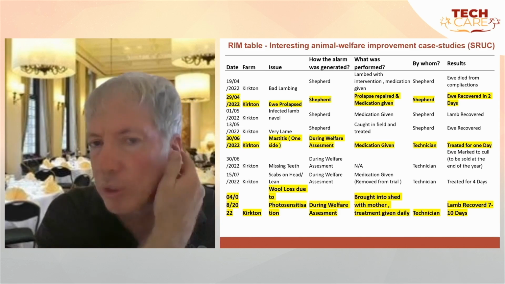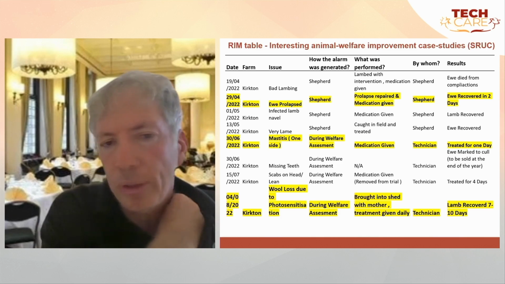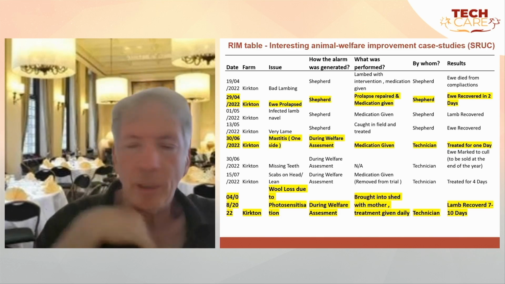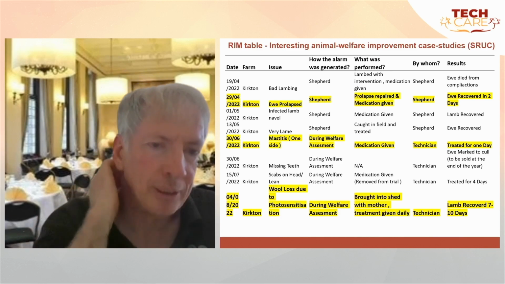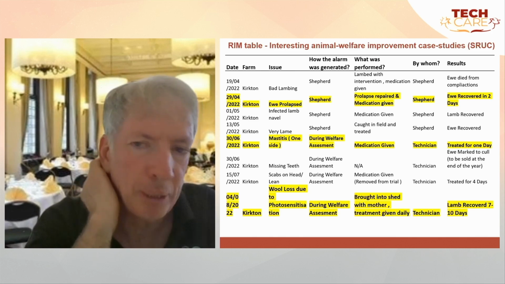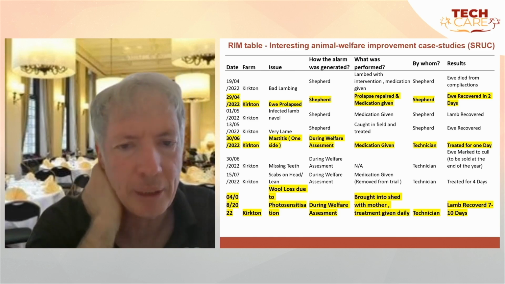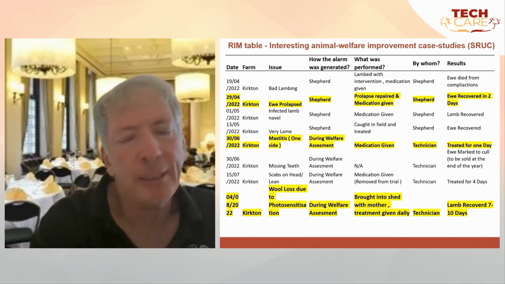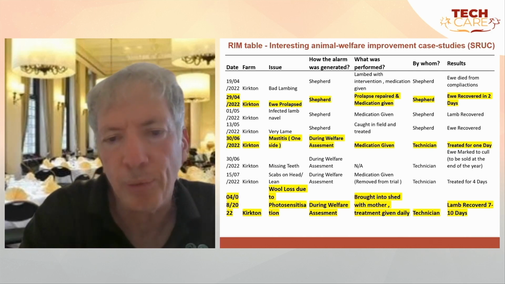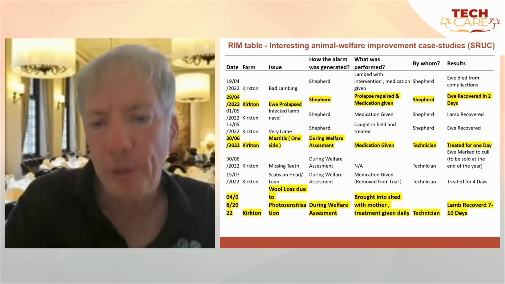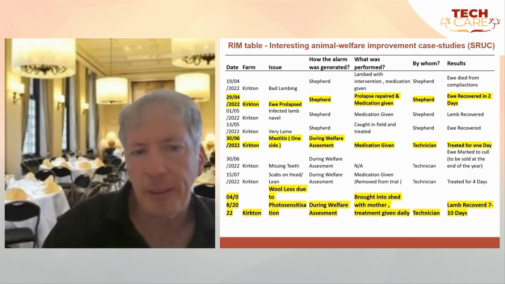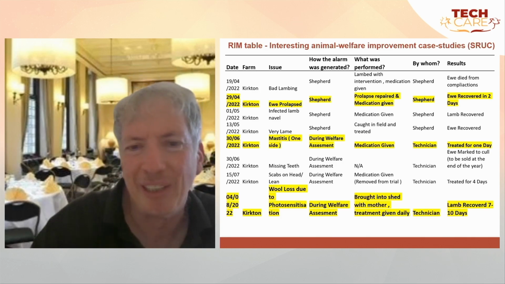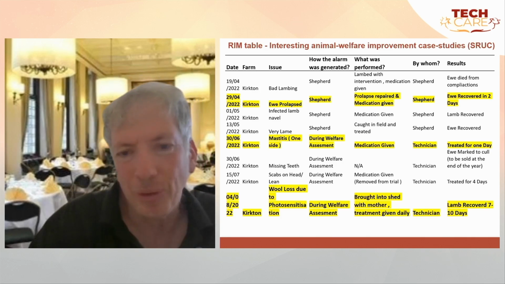Here is the point to say that not all the cases that I will present to you were done automatically by the early warning system, but some of them were recognized by the farmer, by the shepherd, by the technician. But the point is that it's possible to do something to improve animal welfare. It doesn't really matter who made the interpretation, whether a sophisticated AI tool or the farmer.